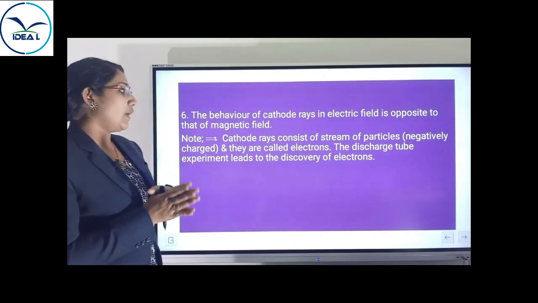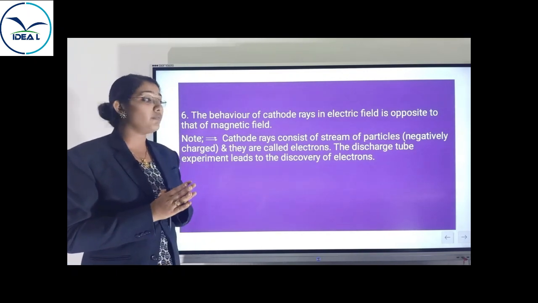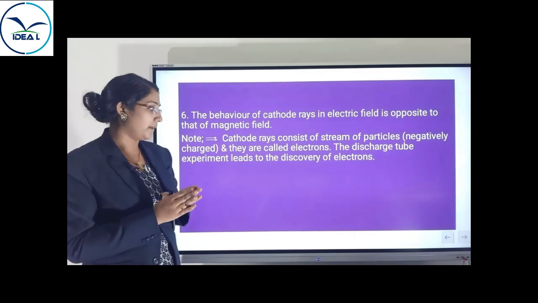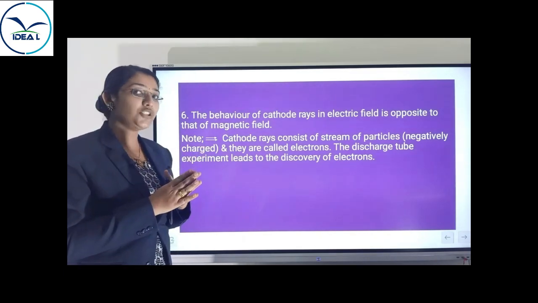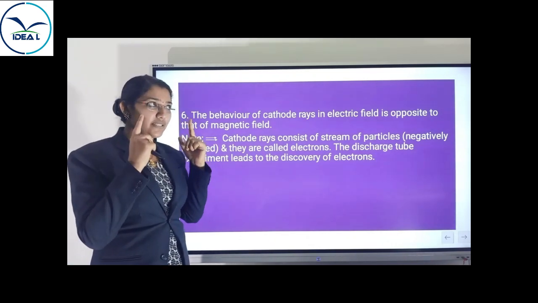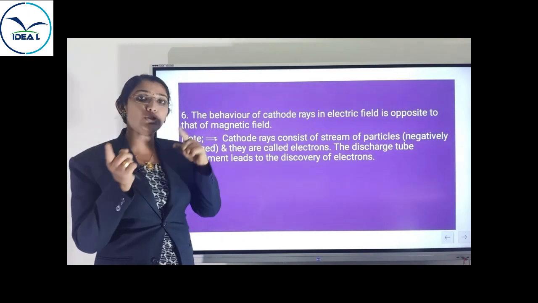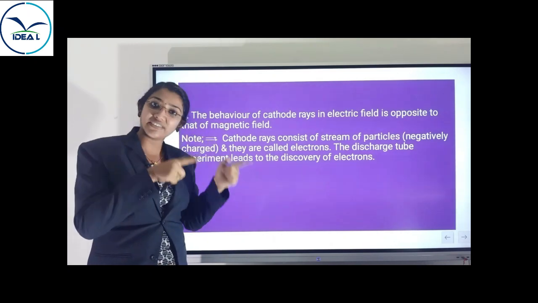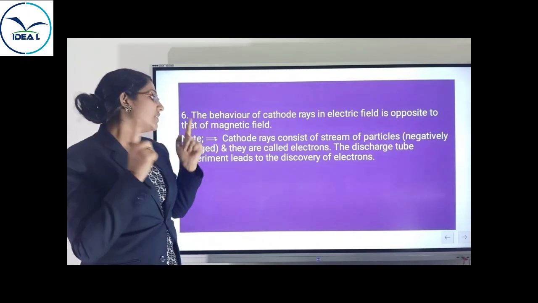From these points we can conclude what is meant by cathode rays, or give a definition: cathode rays consist of a stream of negatively charged particles. How can we identify that? We know that cathode rays originate from the cathode and move towards the positive plate or positive electrode, which means that cathode rays are negatively charged.